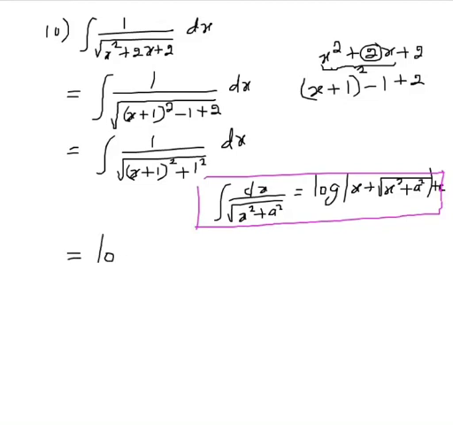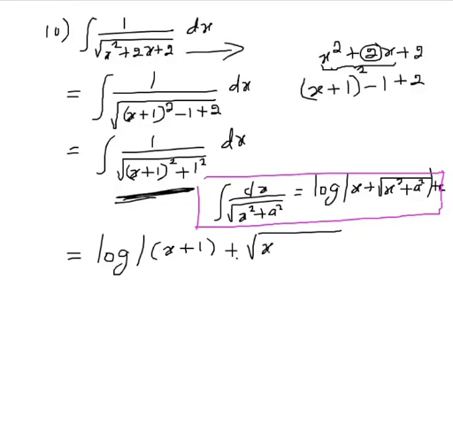Therefore, the answer is log of absolute value of x, here is x plus 1, plus root of x square plus a square, which is this expression. But if I open the brackets and simplify, I get the original expression x square plus 2x plus 2, and plus c. This is the answer.